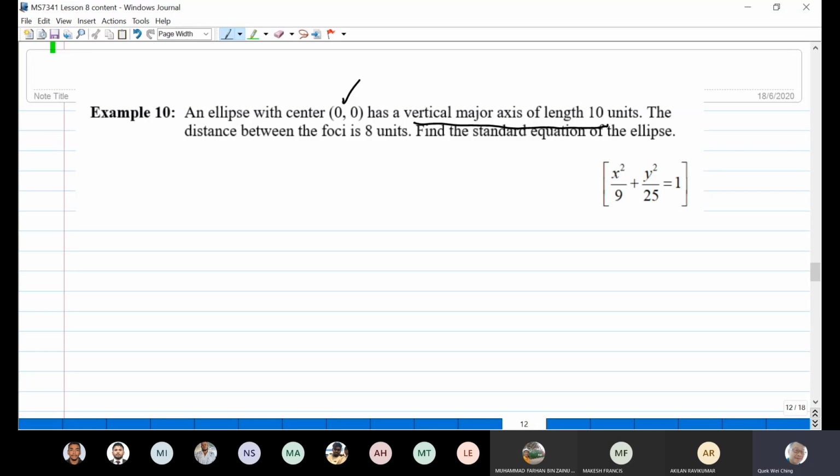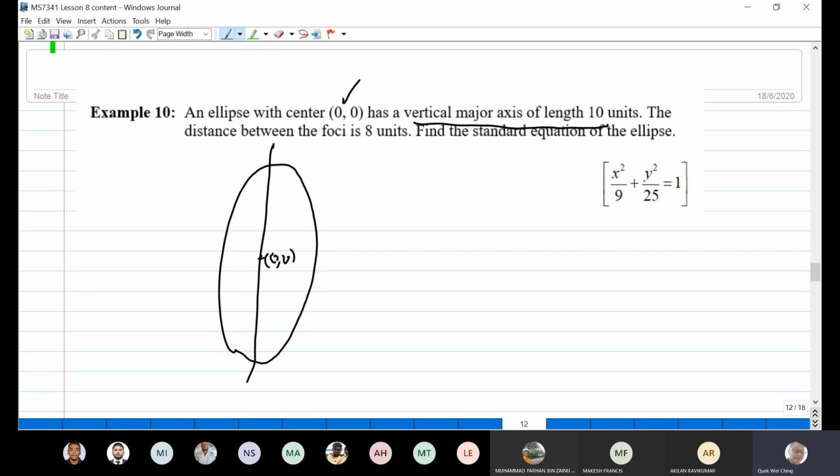So what does it mean? It means the ellipse is something like this, a vertical one. The center is 0, 0, and the length of this is 10.